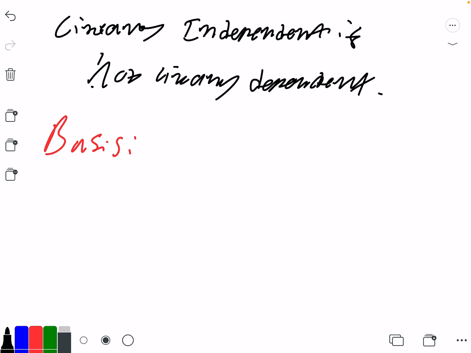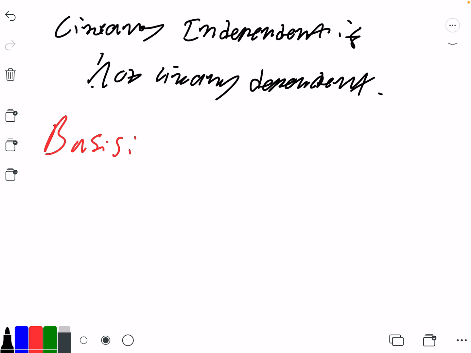A basis is a linearly independent set which spans a space V. What this means is that every vector in V can be written as a linear combination of the linearly independent vectors in the basis.